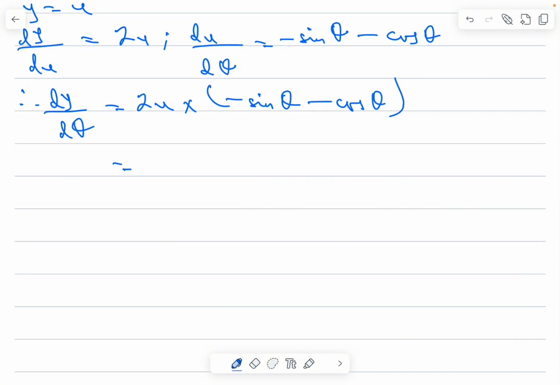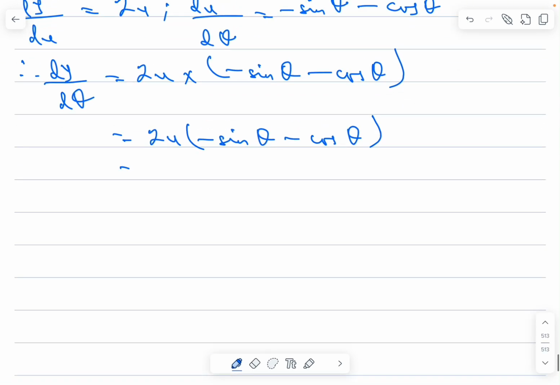And that simply means 2u into bracket, let me write it this way, minus sin theta minus cos theta, which simply means minus 2u sin theta minus 2u cos theta.